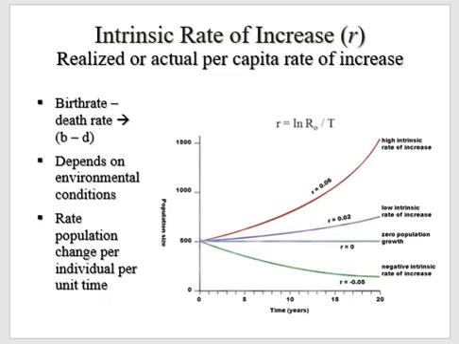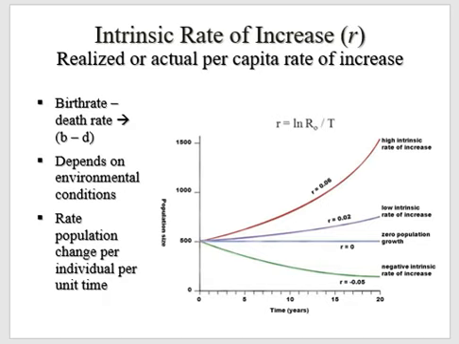But we sometimes call it the Malthusian parameter because it reveals the true rate at which that population is expected to actually increase, depending on certain parameters of that population.